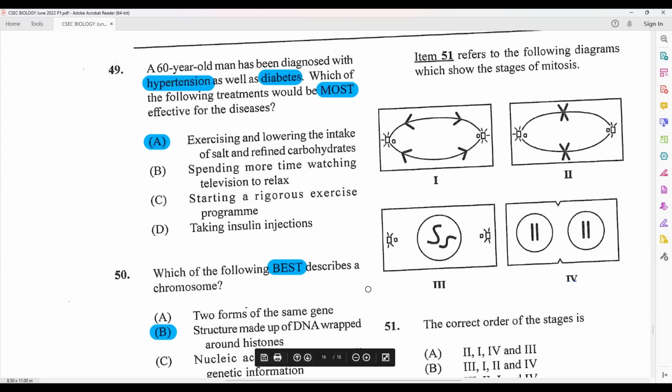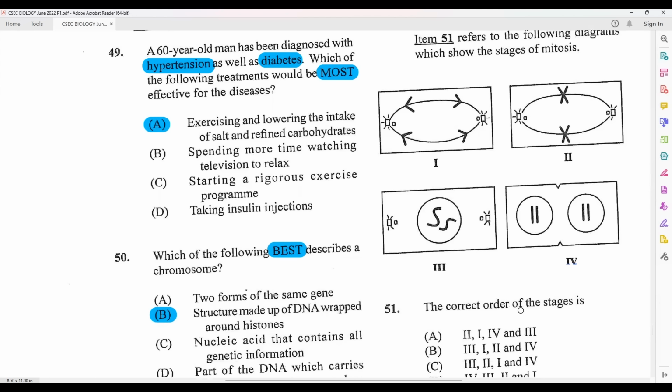Let's go to 51. Item 51 refers to the following diagrams, which show the stages of mitosis. The correct order of the stages of mitosis. And we know in mitosis, you end with identical daughter cells. So you start off with 1 and you end with 2 identical daughter cells.